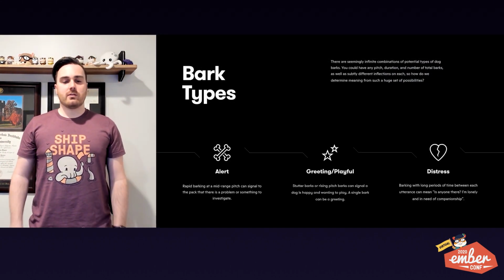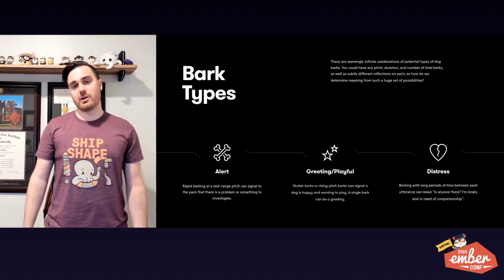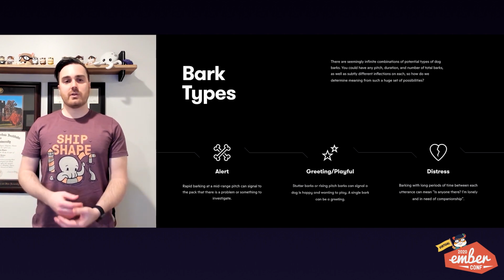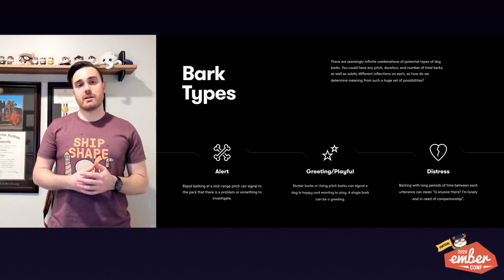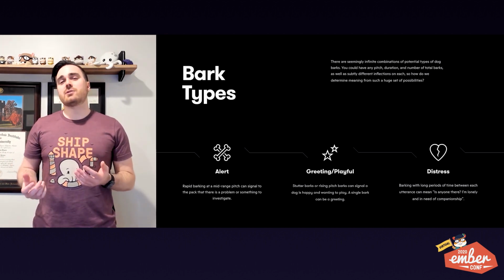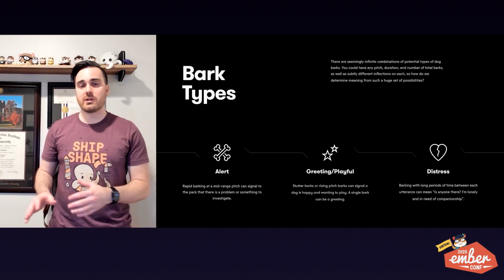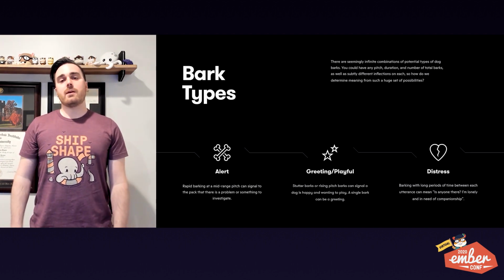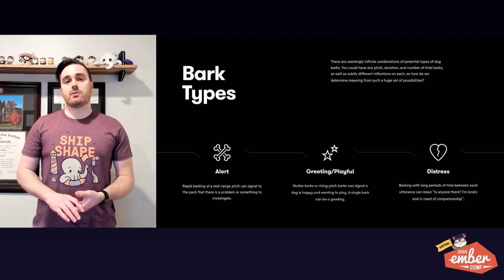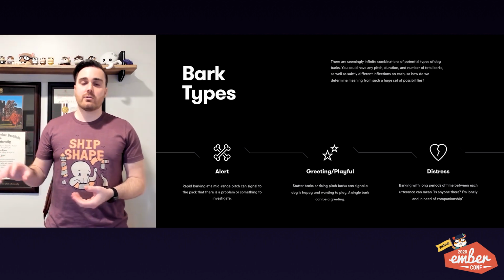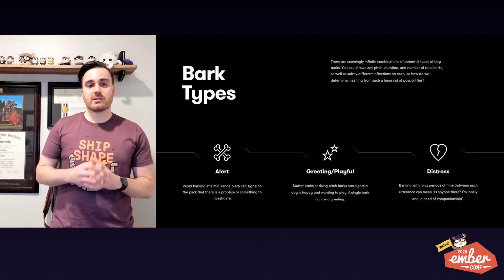So there are 3 to 4 buckets of bark types we're going to focus on for this project. And the first one is more of an alert style bark, which could be rapid barking at a mid-range pitch. And it can signal to the pack that there's a problem and you want the pack leader to come check it out, or maybe there's an intruder coming in, or things like that. Then there are happier ones like greeting or playful. So it might be one bark for a greeting, or for playful it could be like a stutter bark, or various different happier barks.